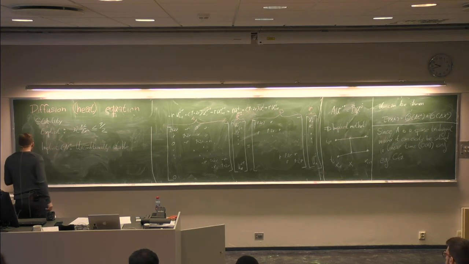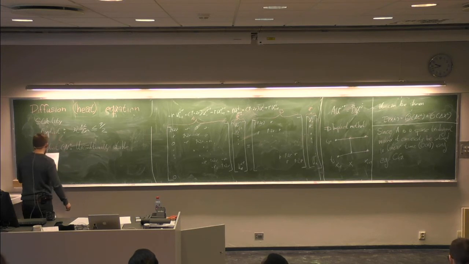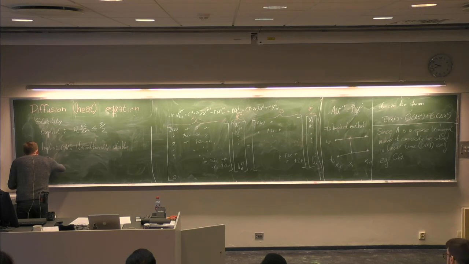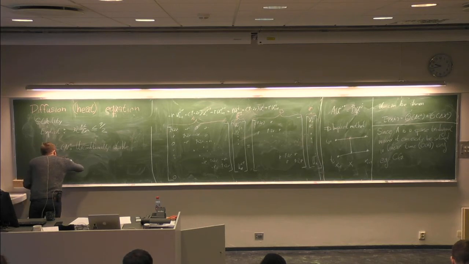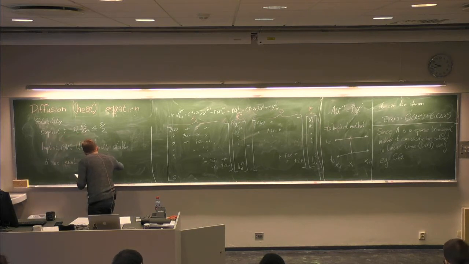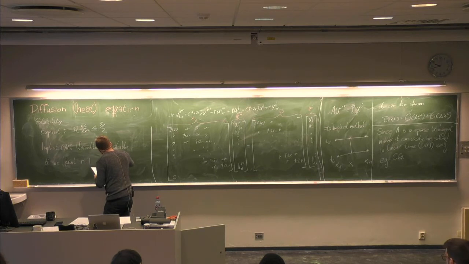So for better accuracy, for instance, if you want this r to be approximately 1, then we can try to pick, so if you want +1, and then remember that r equals kappa delta t over 2 delta x squared.